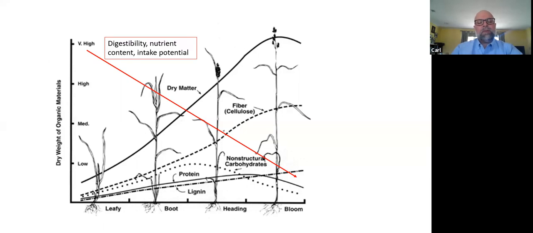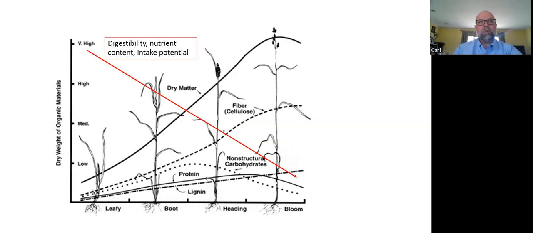As plants accumulate dry matter, they get to a point where protein levels and carbohydrate levels start increasing, but then you get to a point where fiber starts increasing as well. And while a lot of ruminant animals can certainly make good use of fiber, it can limit their production, because fiber isn't as digestible.